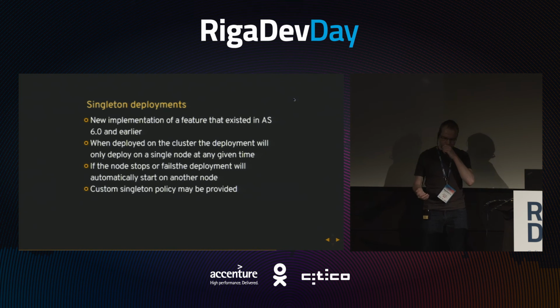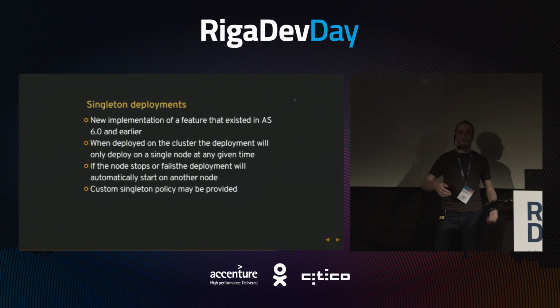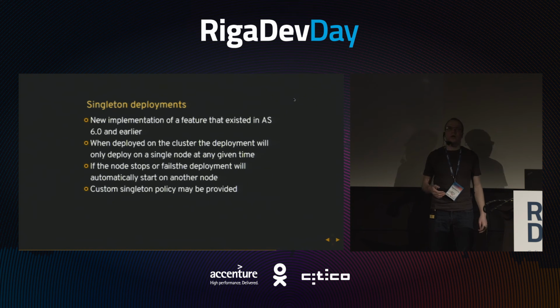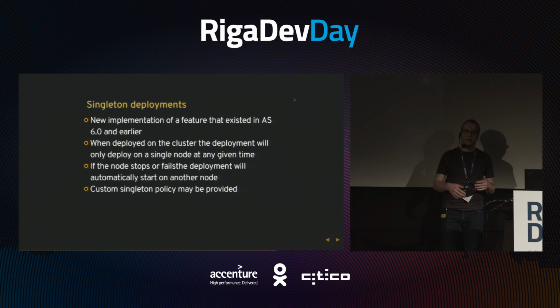When you deploy it to the domain of servers, it will be automatically moved to only one node, and if during the domain operation, the node on which the application was deployed fails, the domain will learn about it. The cluster will learn about it.